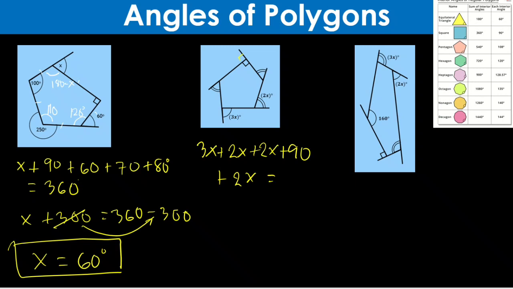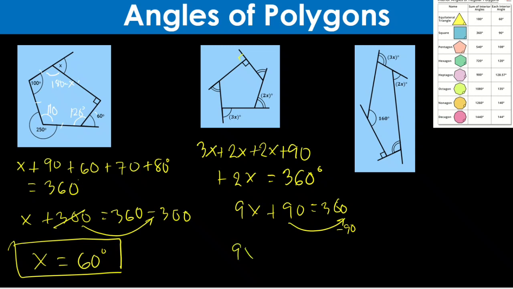Since we're doing the sum of exterior angles, it's equal to 360 degrees. 9x plus 90 equals 360 degrees. We move that here, that's minus 90.